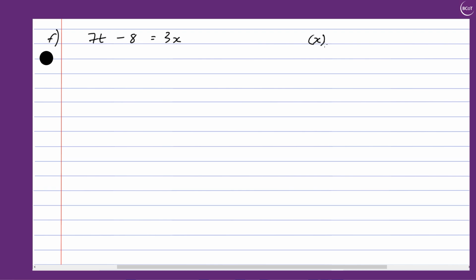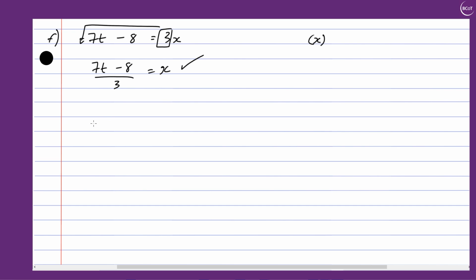To get x on its own, we've got 3x here, and because there's no plus or minus there, it's 3 stuck to x. Take the 3, swap and drop. 7t minus 8 over 3 equals x. Job done.